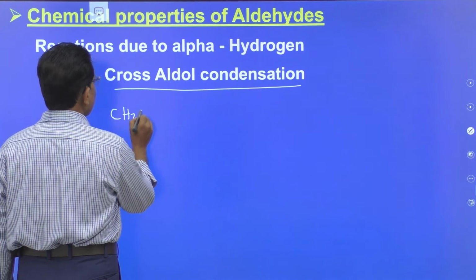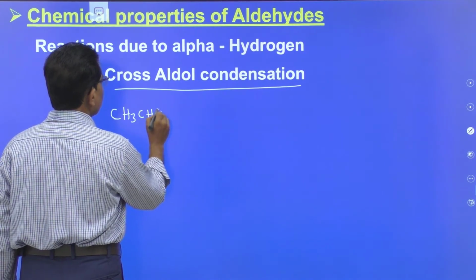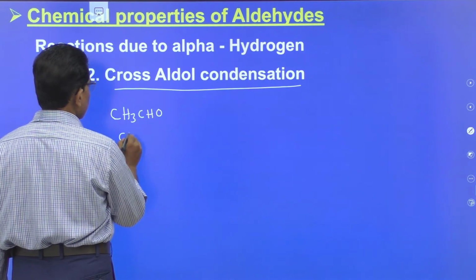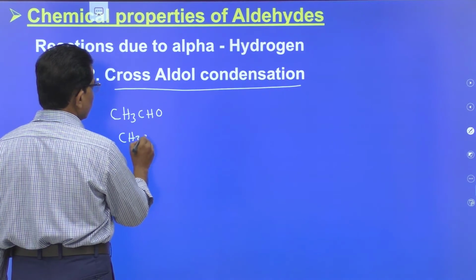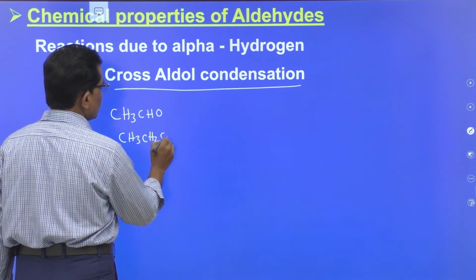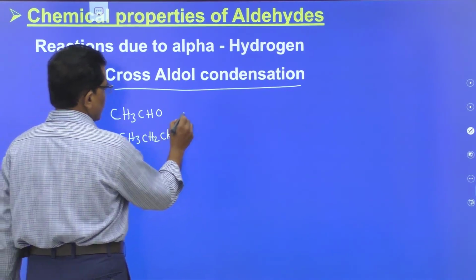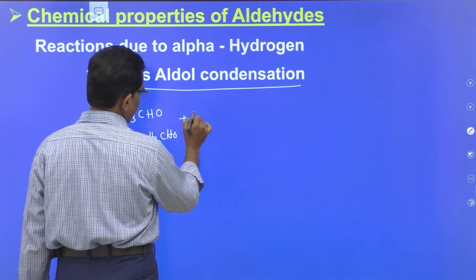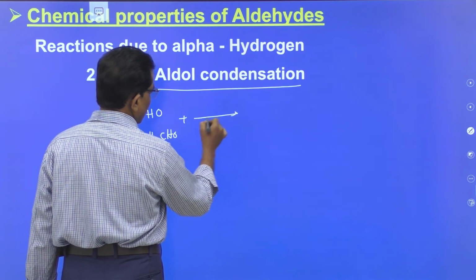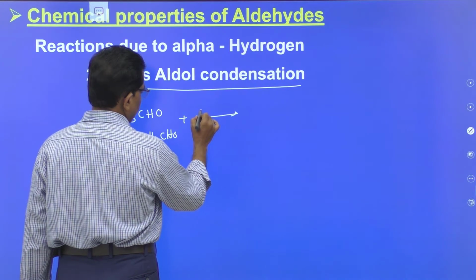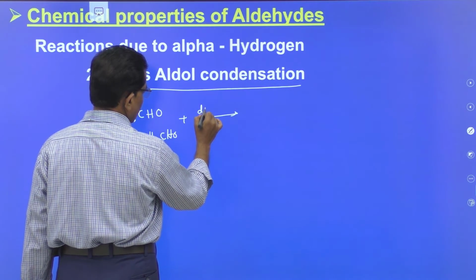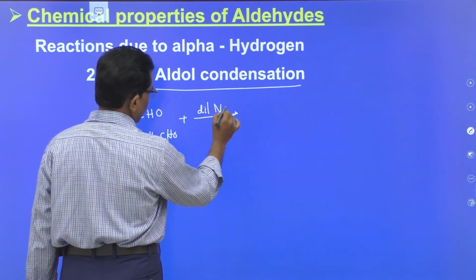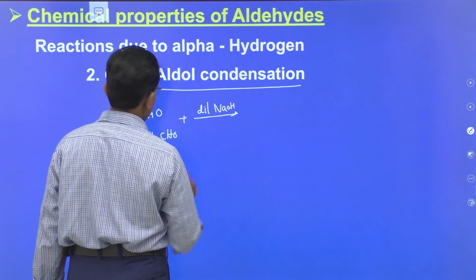Suppose I take acetaldehyde as one type of aldehyde, and the second one is propanaldehyde, CH3 CH2 CHO. These two are subjected to aldol condensation in the presence of dilute NaOH, as the base.